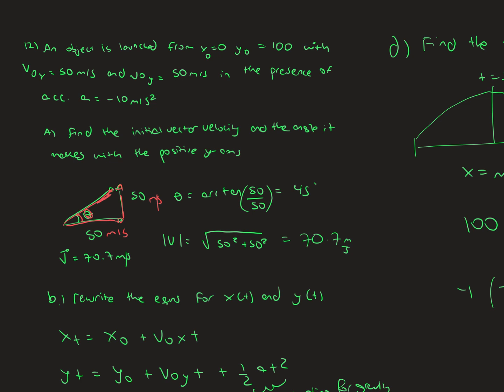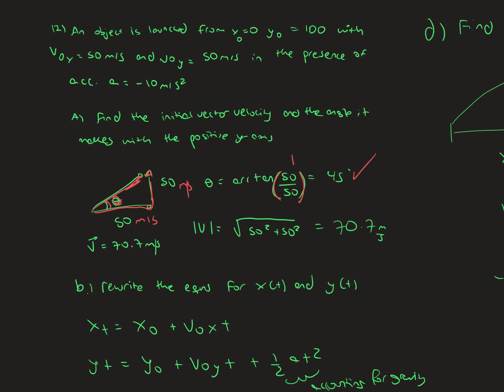To find the angle theta, we take the inverse tangent of 50 divided by 50, which gives us 1. Plugging that into the calculator gives an angle of 45 degrees.